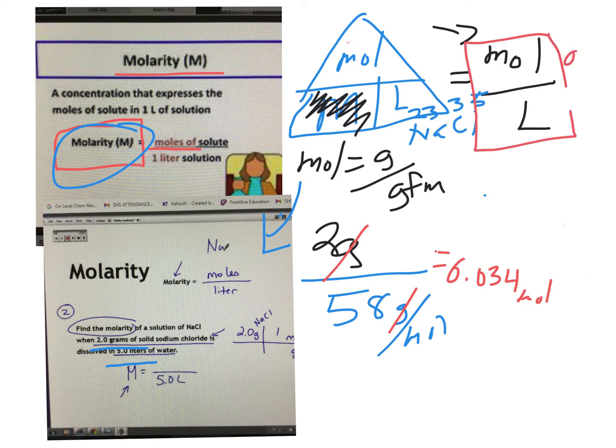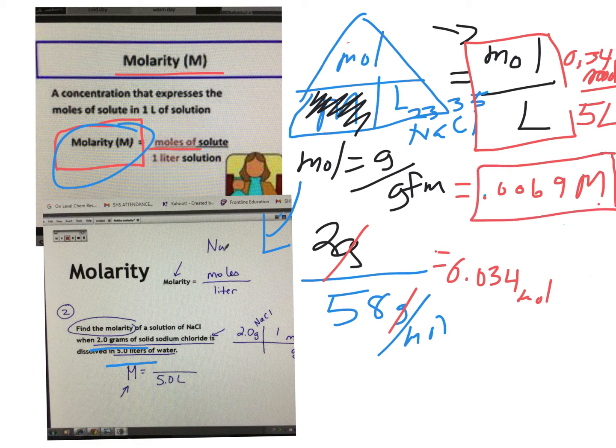Your moles are 0.034, and you're going to divide that by the 5 liters. So now, let's divide by 5. This is going to give you 0.00689, or you can round that off to 9. So we can have 0.0069, and this would be your molarity.